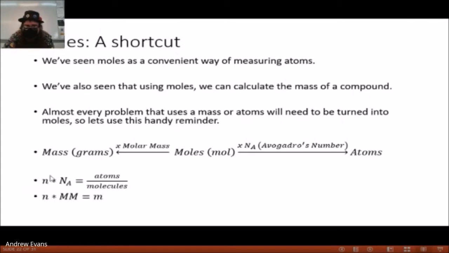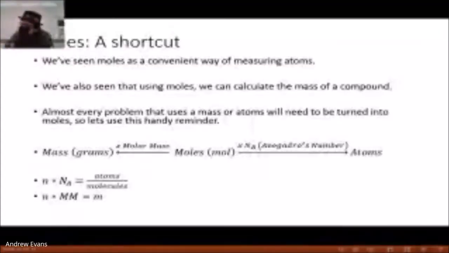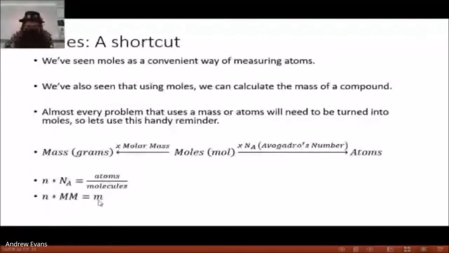But moles times Avogadro's number would give us either atoms or molecules. Because moles times atoms over moles cancels out the moles. n times molar mass is going to give us just the mass, because moles times grams over moles, the moles cancel out, we're left with grams.